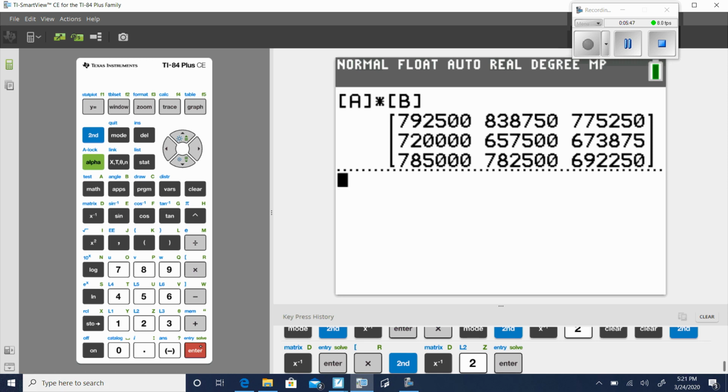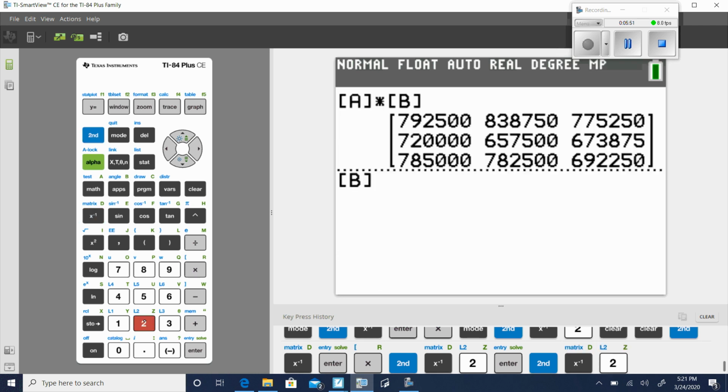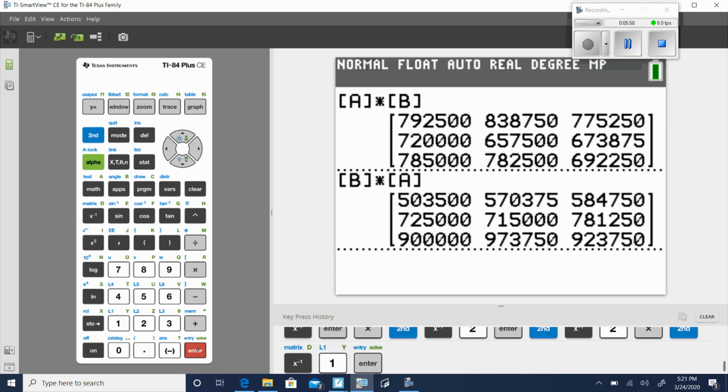And then we have B times matrix A, which yields these numbers. So what in the world are we actually looking at here for AB times BA?